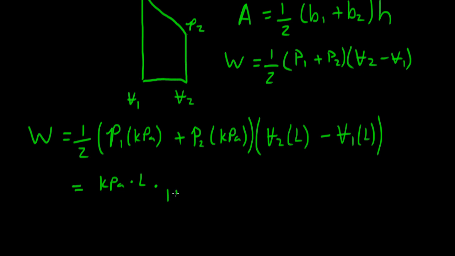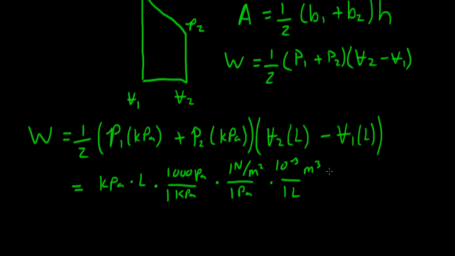First, we know that 1 kPa is 1,000 pascals. We know that a pascal is a Newton per meter squared. A liter is 10 to the minus 3 meters cubed. And so this tells us that 1 kPa liter is equal to 1 Newton meter, or 1 joule.